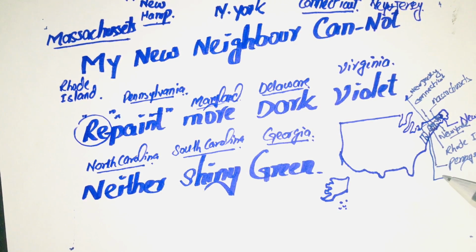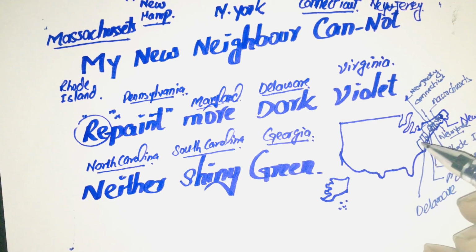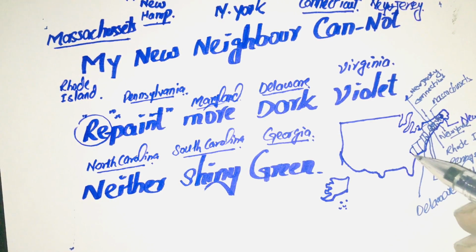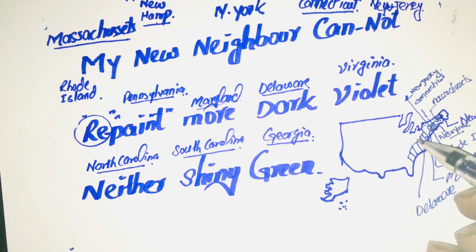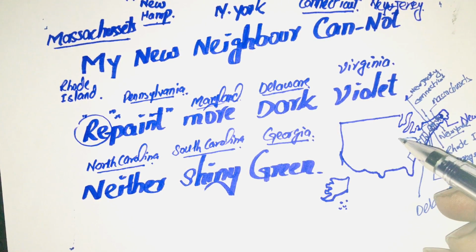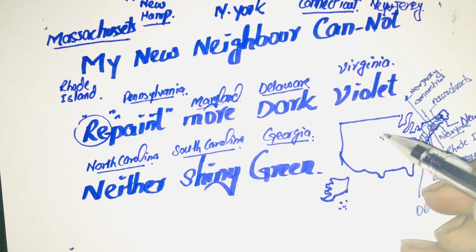This is Maryland. And this colony is Delaware. And after Delaware, major colonies start. There are 4 major colonies here. And this is Virginia.